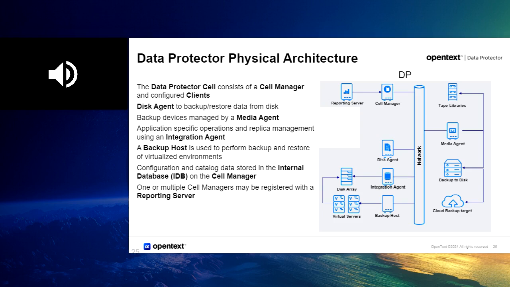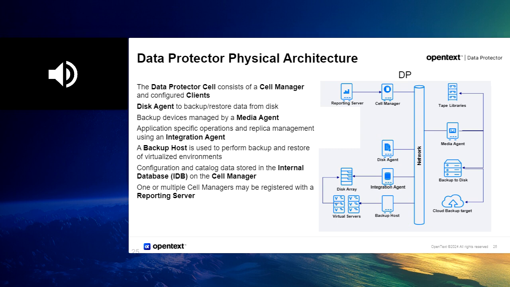We only keep one database for the full environment on a server, and we back that up obviously, and we can replicate that as well. And then we have what's called clients, and clients are basically servers that we back up. Anything that has a backup is a client.